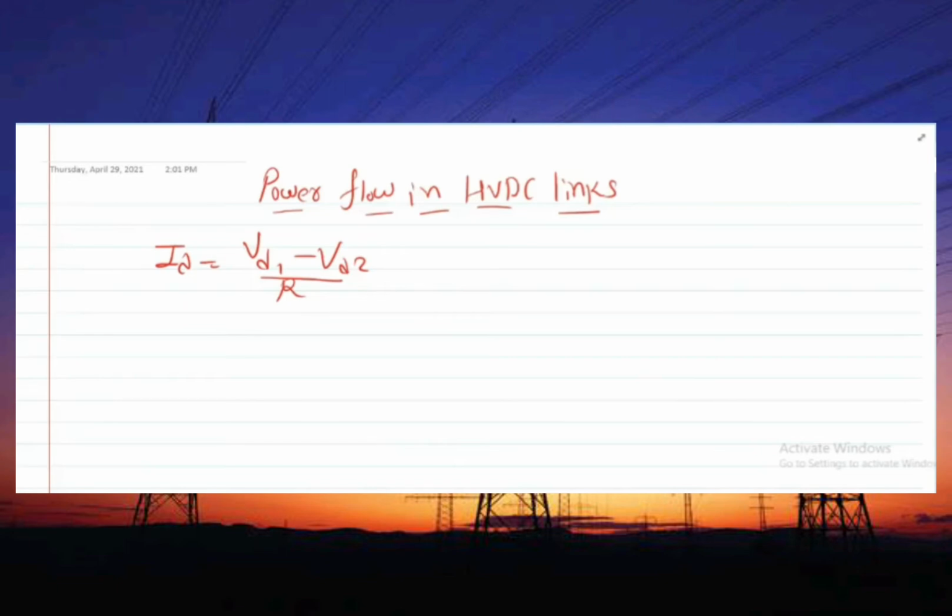Also, you can calculate the DC voltage in the middle of the DC line. It is denoted by VD3, which is equal to VD1 plus VD2 divided by 2.